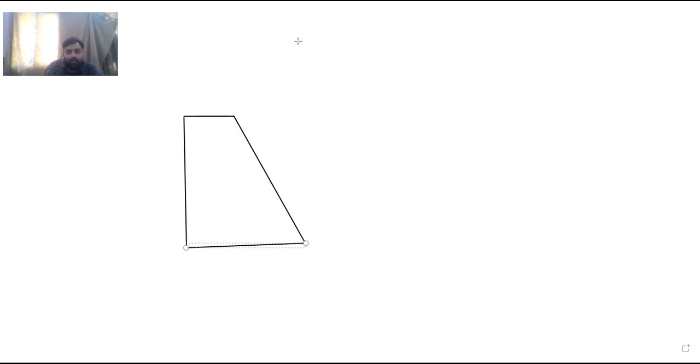You will see, now if I extend it like this, then it will look like in this fashion. I'm trying to draw it correctly, and I will show the behind section by the dotted line.